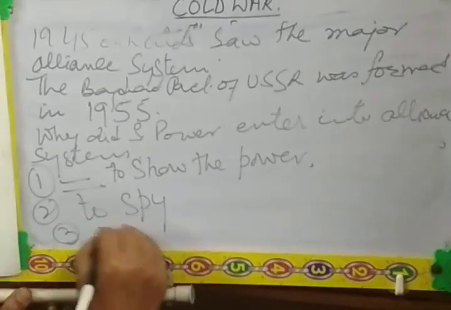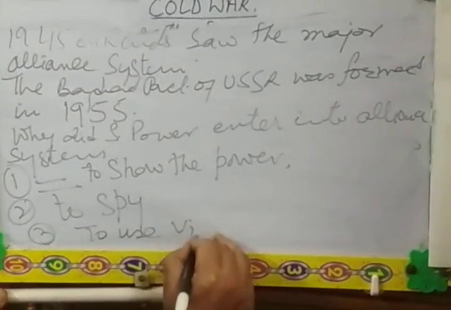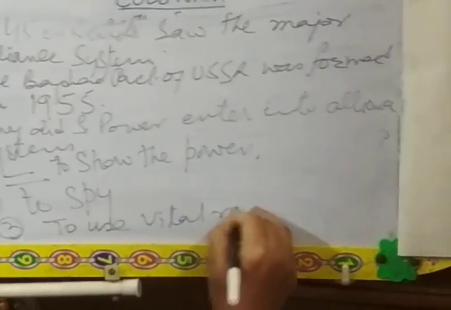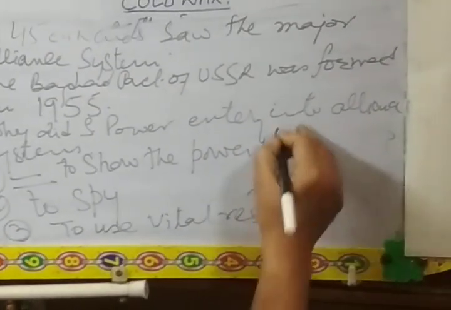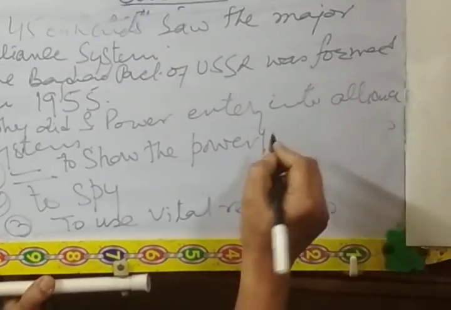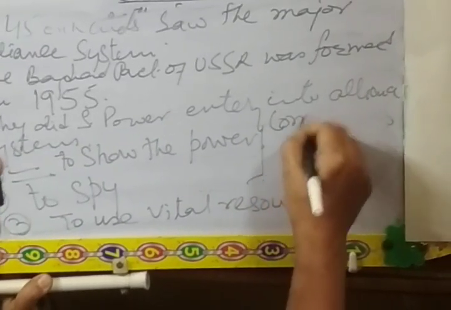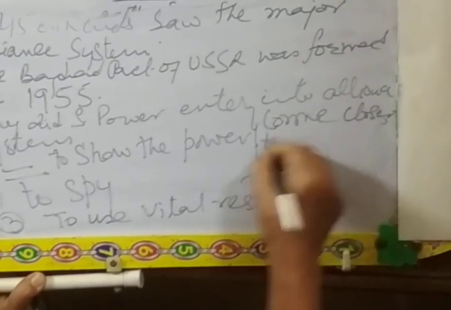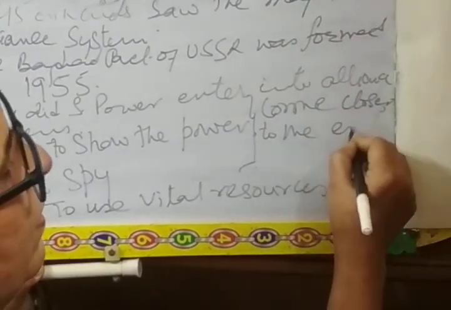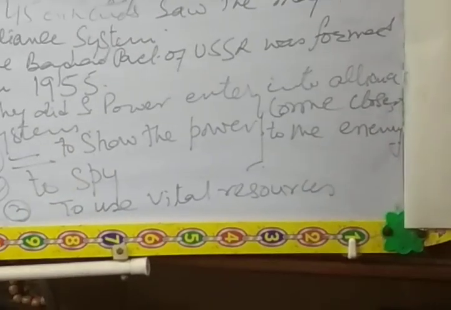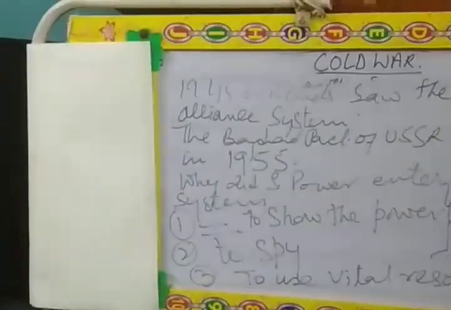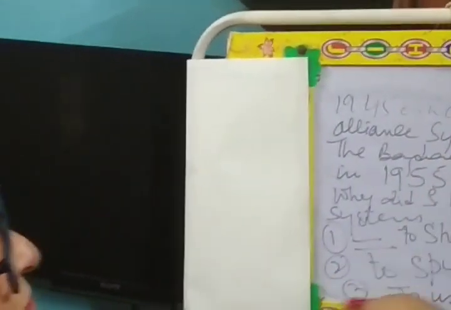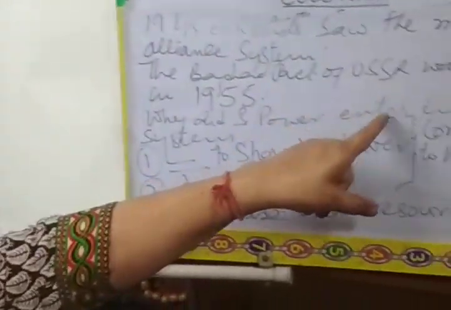Number 3, to use vital resources, and 4, to come closer to the enemy. These were the 4 reasons why superpowers entered into the alliance system, whether USA or USSR.